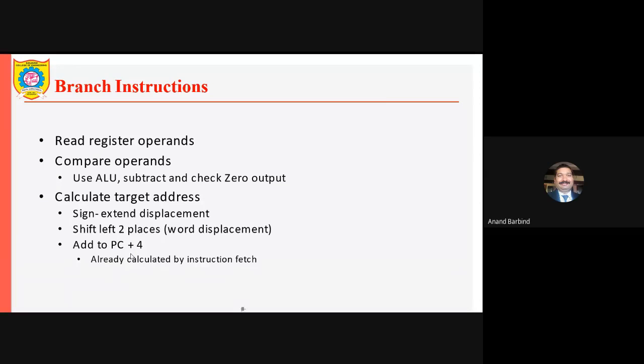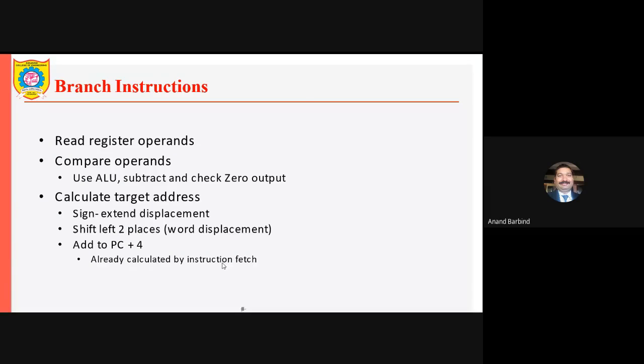That means 8 will be added. We want to skip 2 instructions, so 2 instructions mean 8 locations, so 8 will be added to the current content of PC. Already the contents of PC are incremented by 4 by the first adder, and to that this 8 will be added.